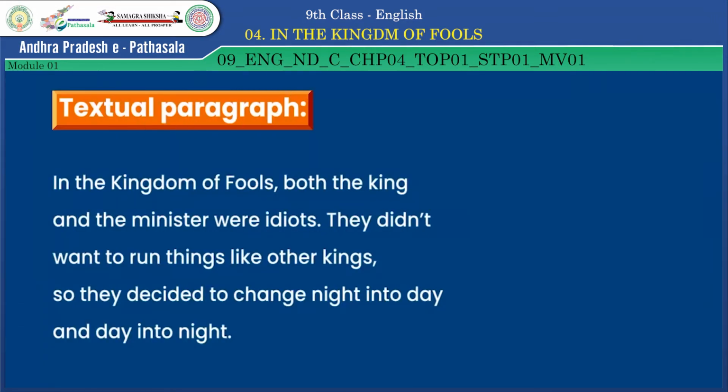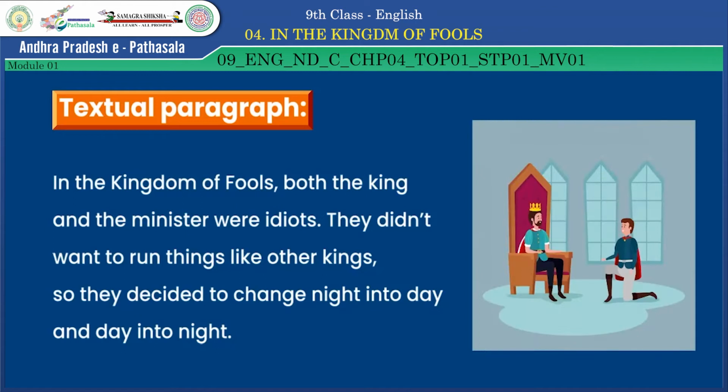They ordered that everyone should be awake at night, till their fields and run their businesses only after dark, and go to bed as soon as the sun came up.